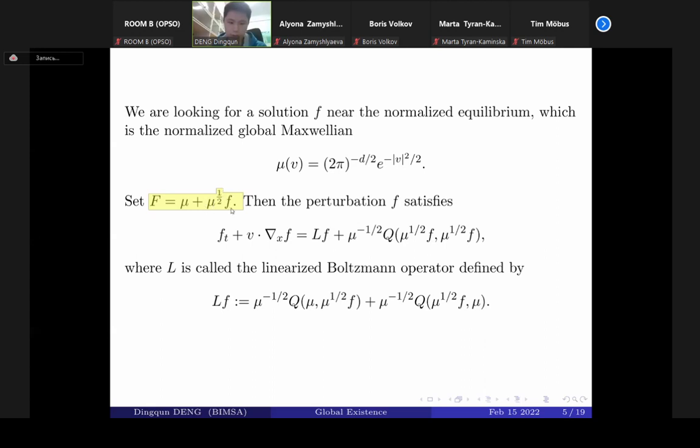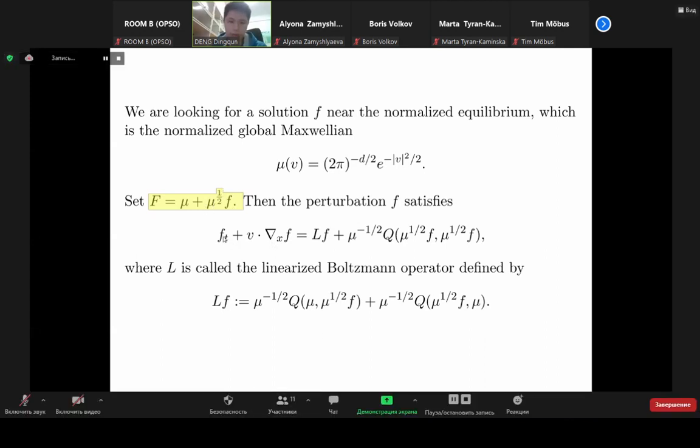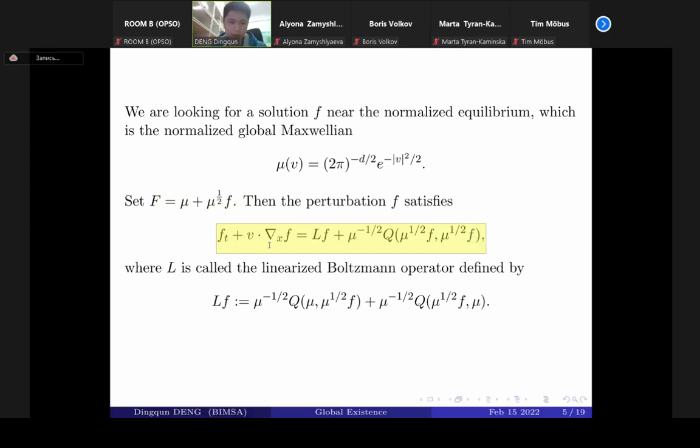Then the original Boltzmann equation will be transformed into this way. Here, the left-hand side is also a transport equation, and L f is the linearized Boltzmann operator, and the last part is a bilinear term, which will be very small because F is near the equilibrium.